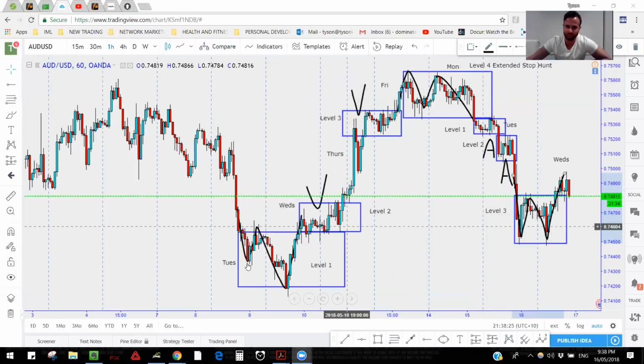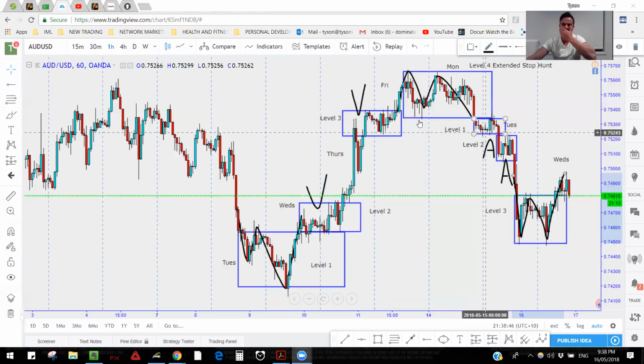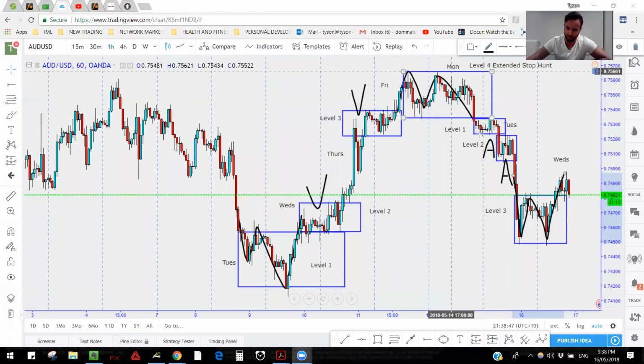This took like 1, 2, 3, and then 1, 2 days, in comparison to a 3-day build-up of price action to reverse the trend and catch all these buyers here who had their stops underneath here, maybe here, wherever it is, and they got caught out. If they didn't take their profit up here because they're greedy and they think the market's going to continue to the upside, when it doesn't.